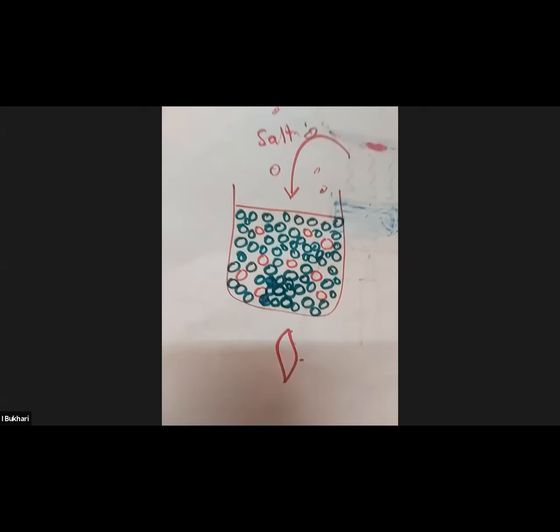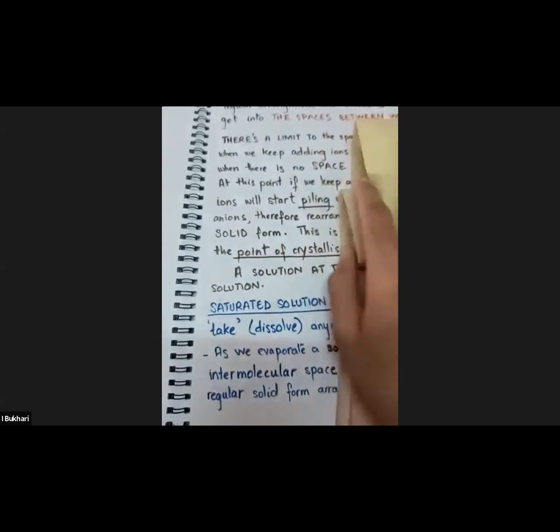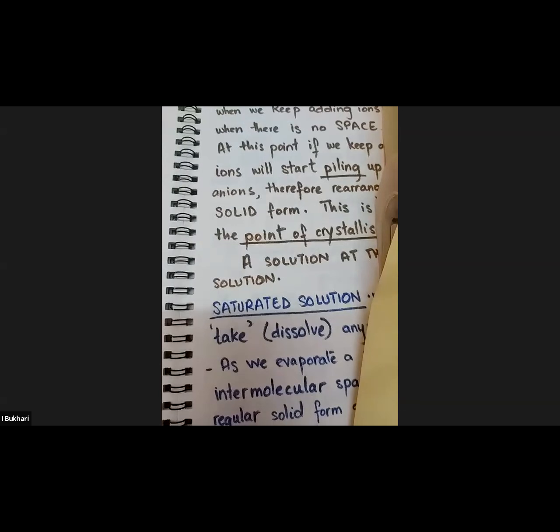How do I get back? Okay, so did you guys understand this crystallization? Your screen is stuck. No, my screen was fine. You couldn't see the video?